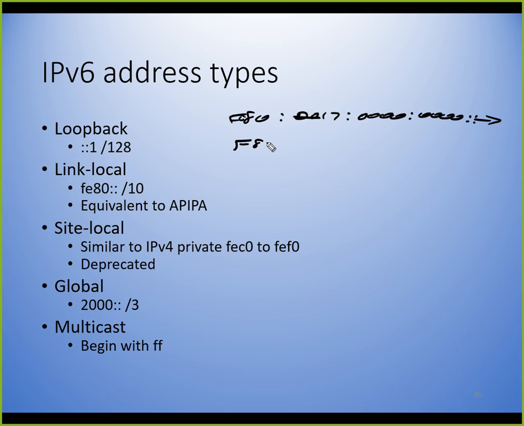So we could have FE80, and then it'd have to have something else in here, :17. And if I have a series of zeros, I can represent them with a :: one time.